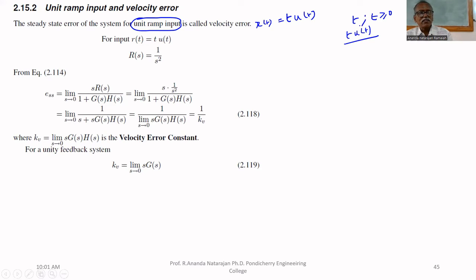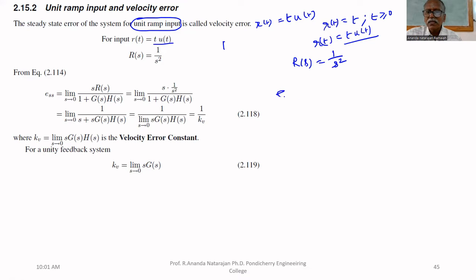Instead of writing two equations, R of t can simply be written as t u of t. u of t exists only for t greater than or equal to 0, and its value is 1. It means a positive sided signal, t u of t. If you take the Laplace transform, R of s equal to 1 upon s square.